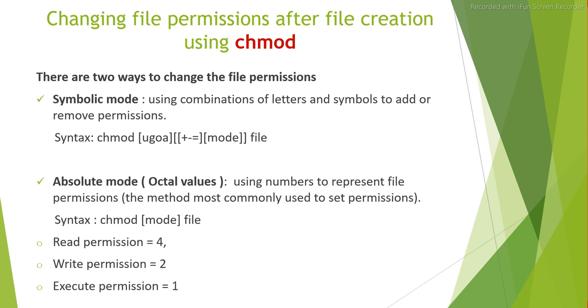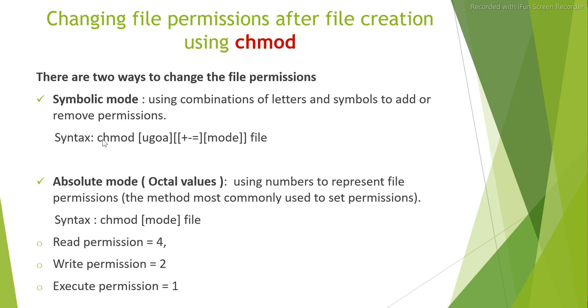Before that, I will just cover a little bit of the theory part. There are two ways that you can change the permission. One is called the symbolic mode. In the symbolic mode, we can use a combination of letters and symbols to add or remove the permission.